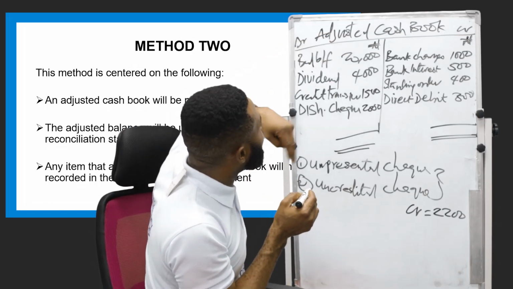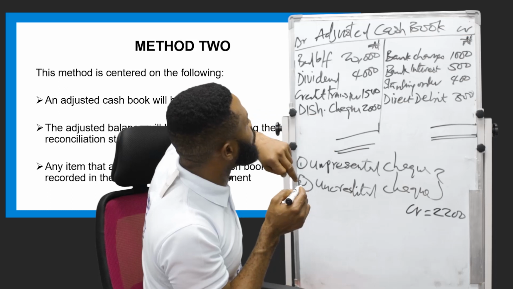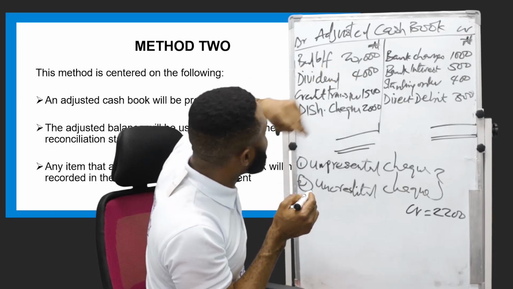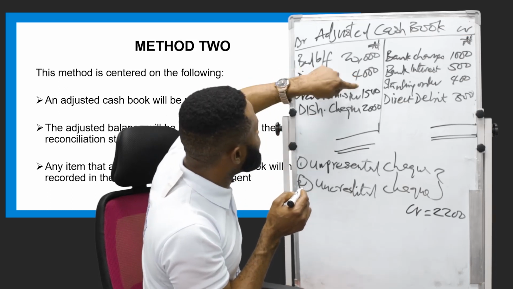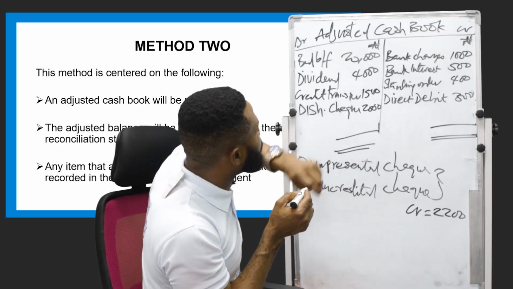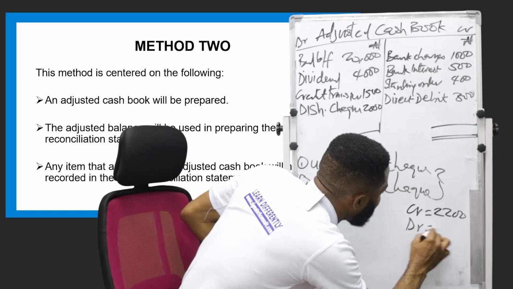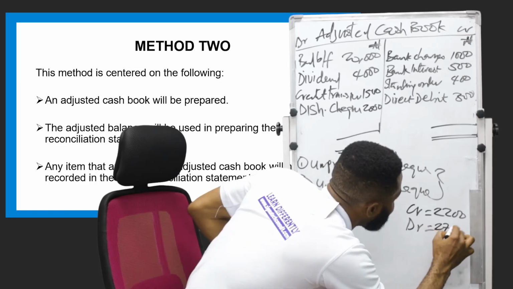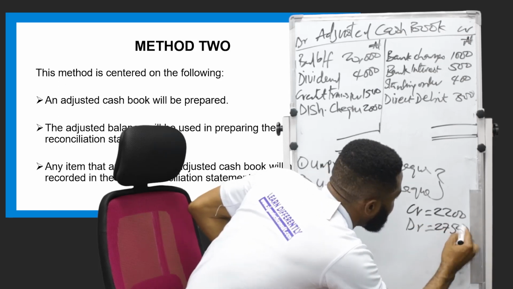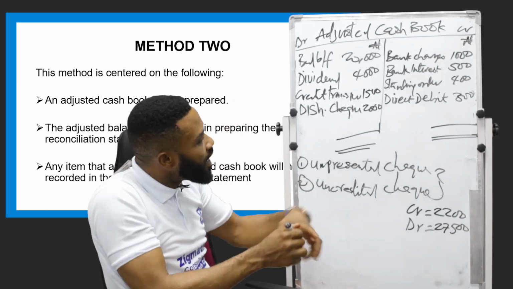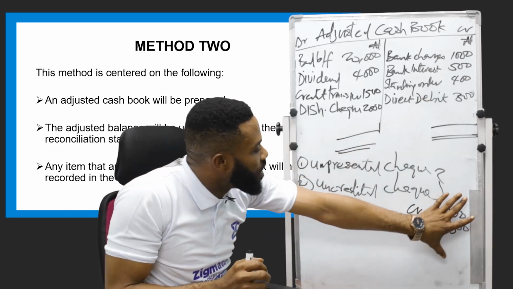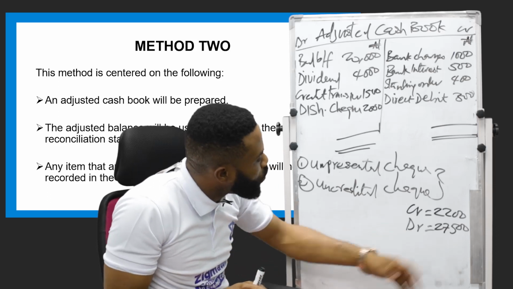We have 20,000 plus 4, that's 24,000, plus 1,500, 25,500, plus 2,000, that's 27,500. So the debit side is what? 27,500. Now, having added the two sides and we have gotten these figures, you ask yourself, which one is higher?